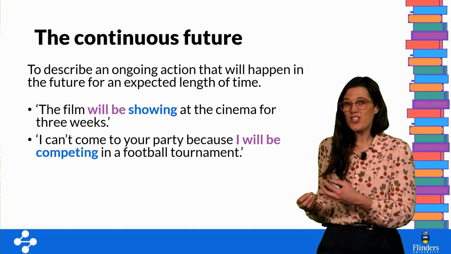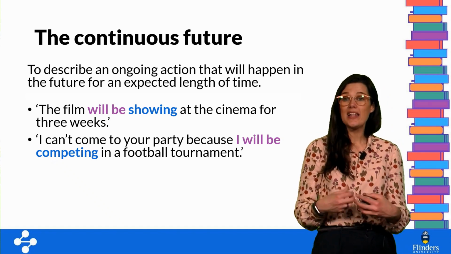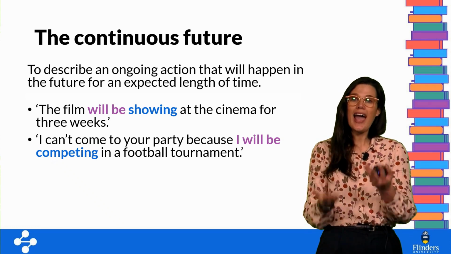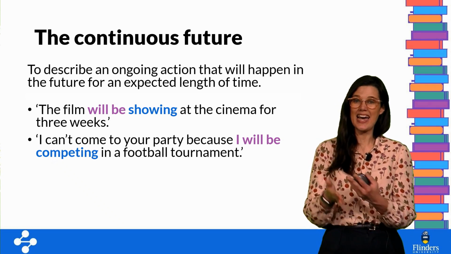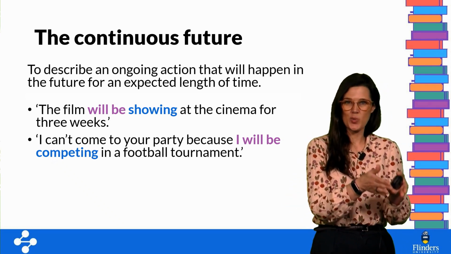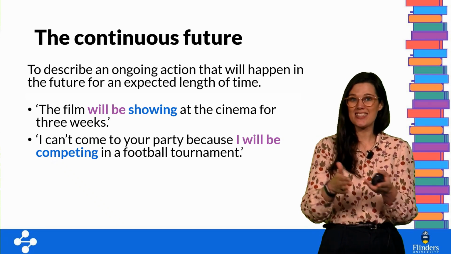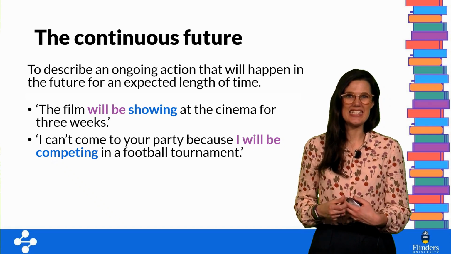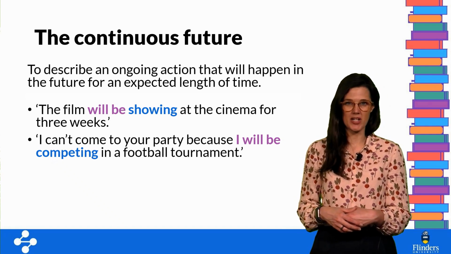If I don't have that relationship, I could have just said, I will compete in a football tournament on Tuesday. And so having that comparison here, what will I be doing at the same time as something else, that's what's sort of important in the continuous future sometimes.